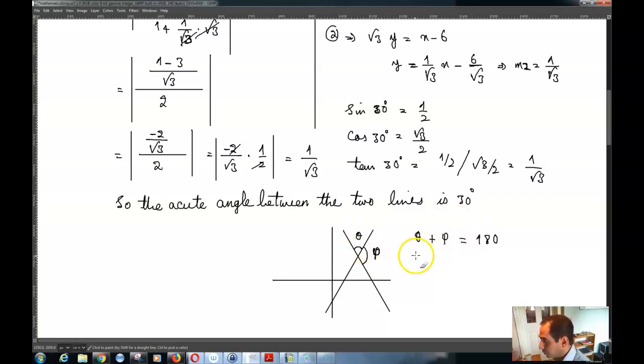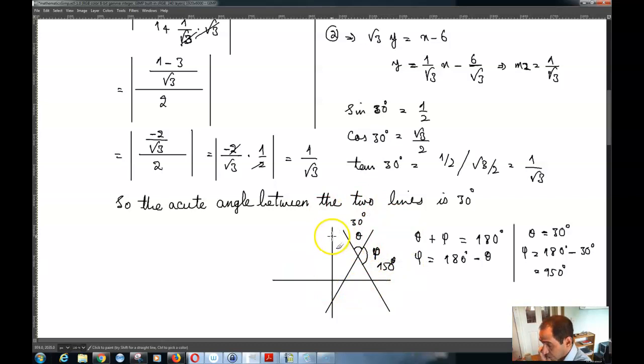So phi is equal to 180 degrees minus theta. Now if theta is equal to 30 degrees, then phi is going to be equal to 180 minus 30, which is equal to 150 degrees. Meaning that the acute angle is 30 degrees and the obtuse angle is 150 degrees. So that's basically the situation over here.